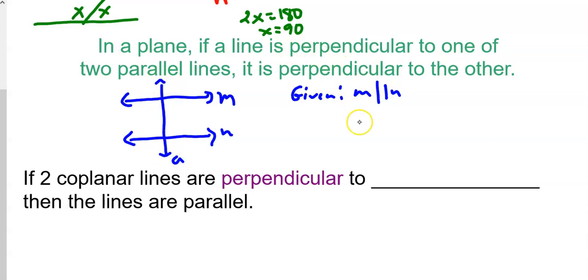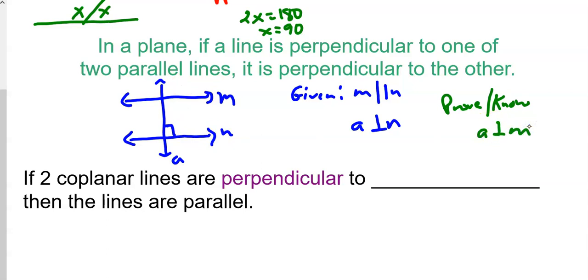So we'll say A is perpendicular to N. So that's what we're given. Well, then we can prove, or we'll know, however you want to say that, the other line, so since A is perpendicular to N, it's also got to be perpendicular to M.